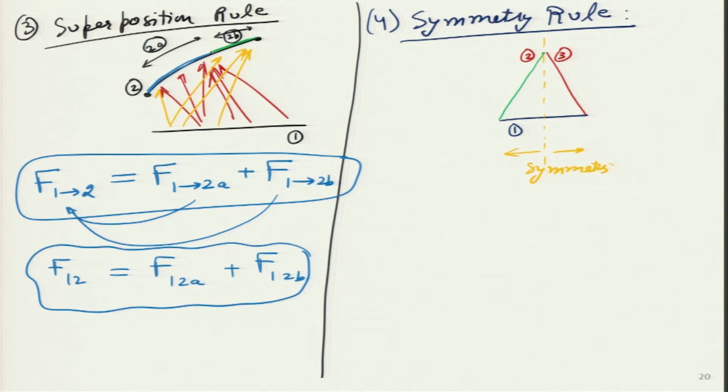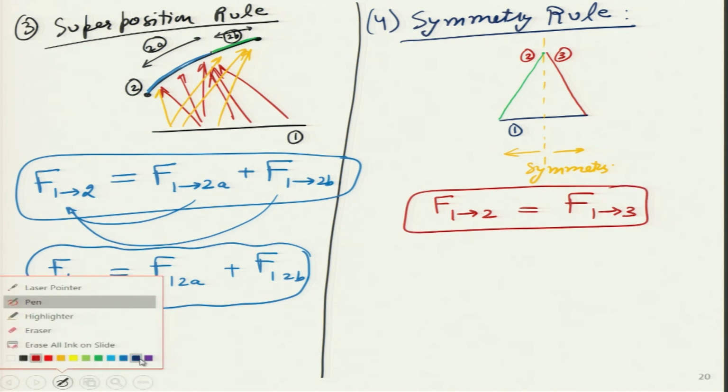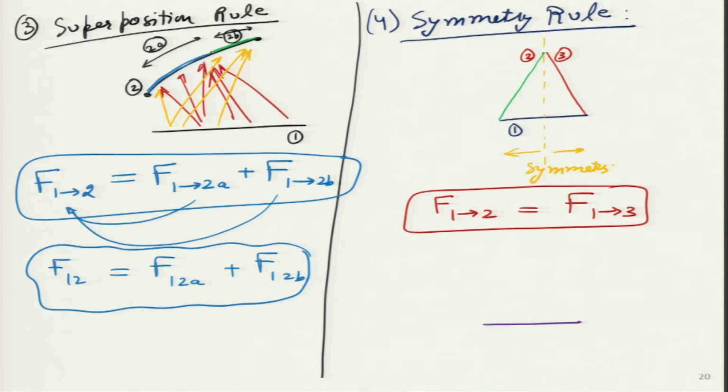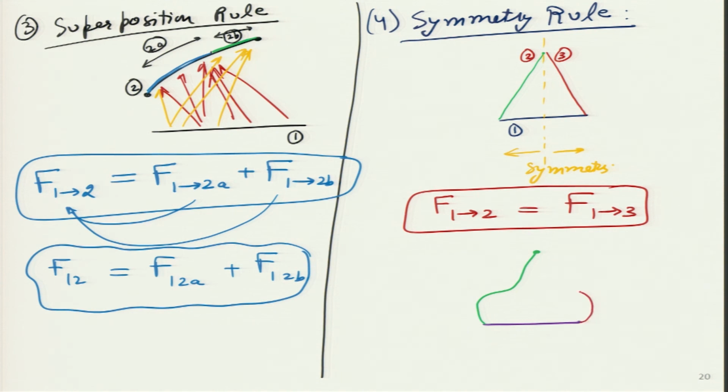If there is symmetry like this, then without knowing the values I can simply say F12 is equal to F13, because both of them are symmetrical with surface number 1. I can even make the geometry complicated. I can say this is surface 1, then we have surface 2 like this, and I can draw the same thing over here.